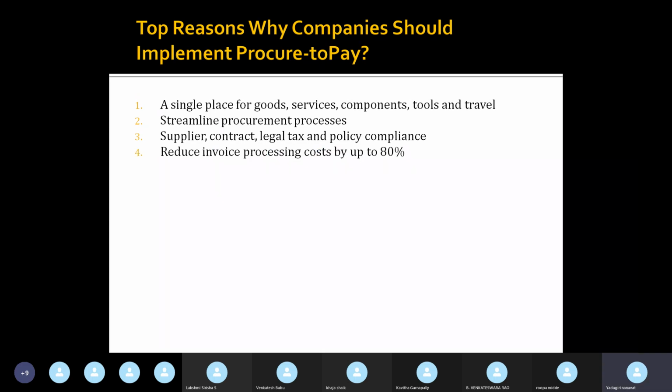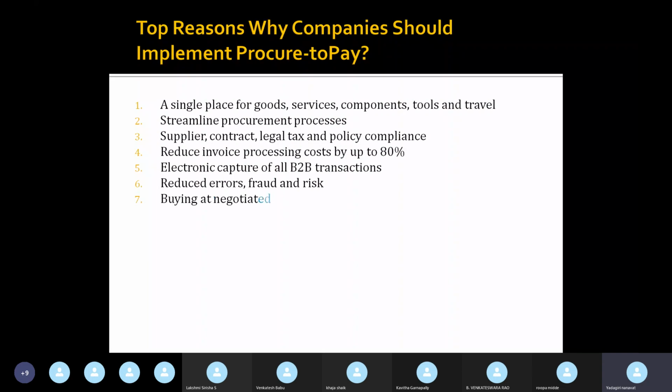Reduce invoice processing cost by up to 80%. And electronic capture of all P2P business, because when we implement this process, every transaction is recorded and there are no modifications. Reduce errors, fraud, and risk also.